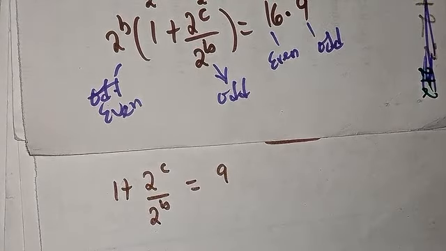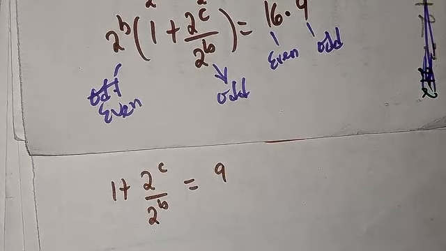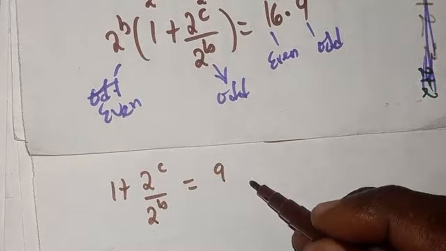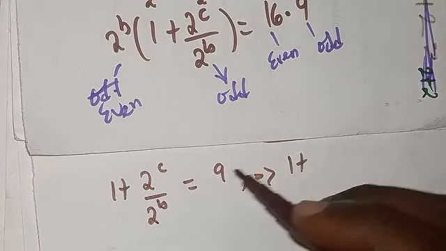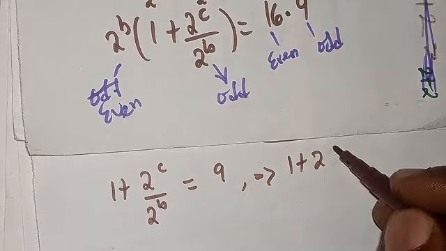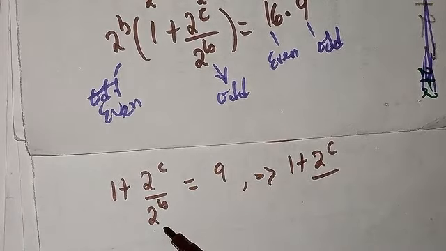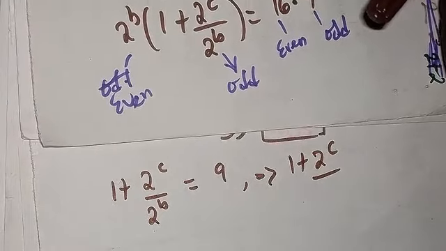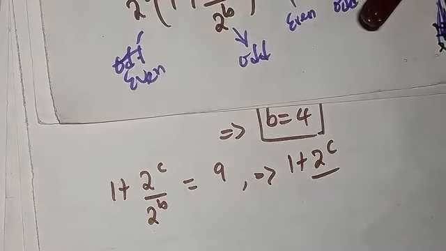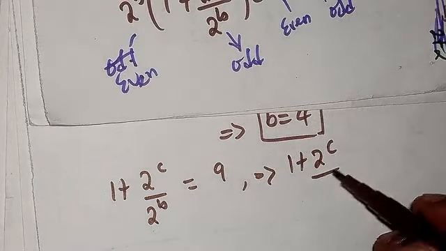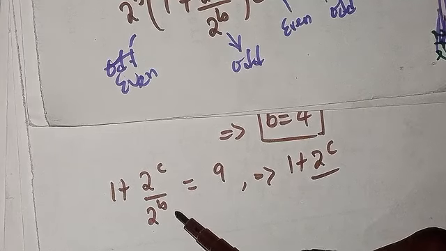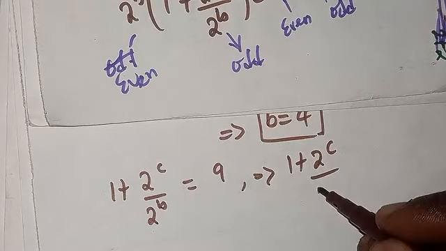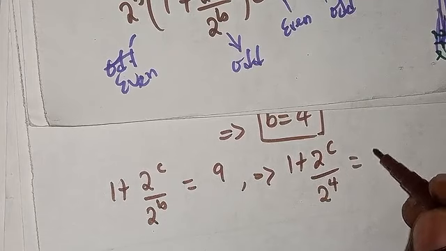Okay, so now if it's equal to 9, this implies that 1 plus 2 to the power c, but for the fact that our b is what? The b is 4, right? So we are going to have 2 to the power 4 here, which equals 9.